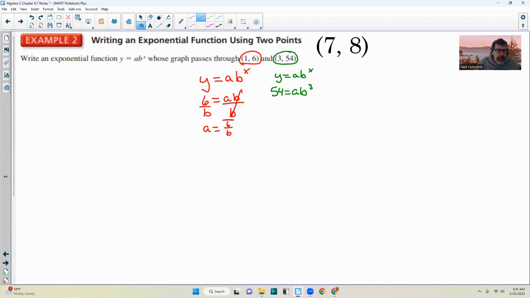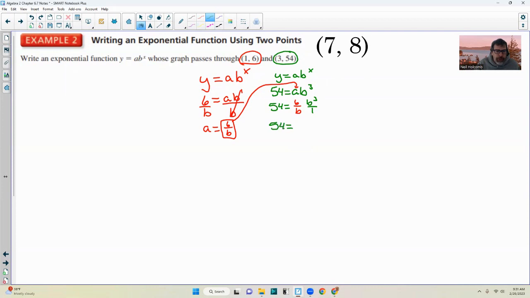I then take this a value and substitute it into my other equation for a. So it's going to be 54 equals 6 over b times b cubed. And I'm just going to put this over 1 just so you can see what's going to happen here. And I'm going to simplify.